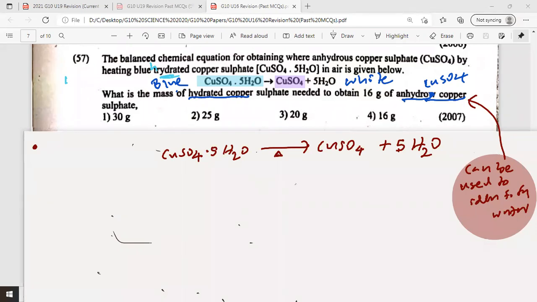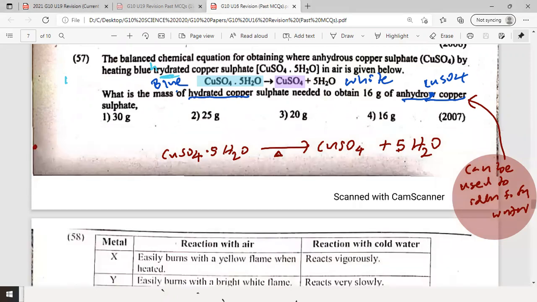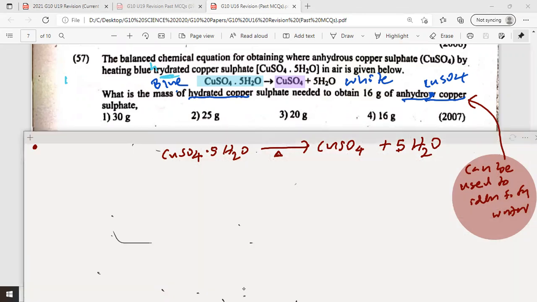Now let's see the total. Copper they have given. The problem is they haven't given the copper total mass. Have they given it at the bottom separately? No. So they have to give it. Copper is 63.5 as I remember. You can check the molar mass. Please copy down the molar mass under H. Wait, I'll give that.